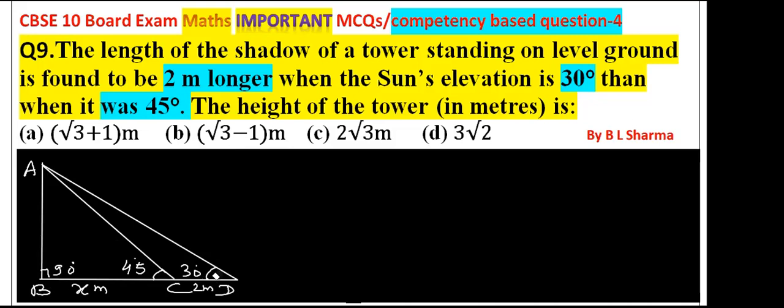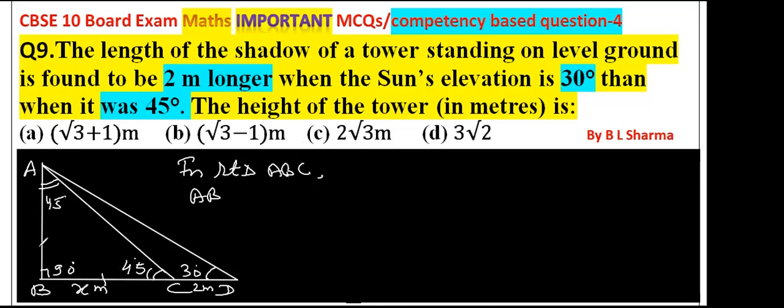This is the shadow. Let at the time when the sun's altitude is 45 degree, the shadow is equal to x meter, and then when the angle is 30 degree, it is 2 meter longer, means that is x plus 2 meter. अब इसको सॉल्व करते हैं। देखिए इन राइट एंगल ट्राइंगल ABC, this angle is 45 degree, this angle is 90 degrees, so this angle is also 45 degree.